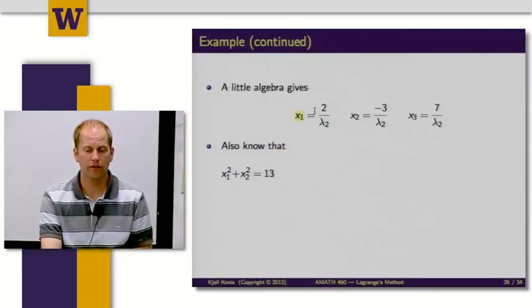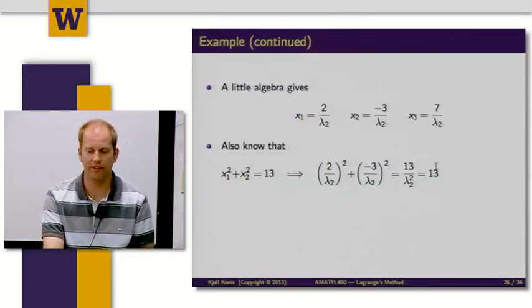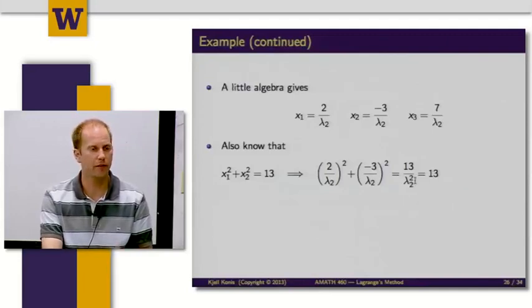So I can plug 2 over lambda 2 in for x1 here, and minus 3 over lambda 2 in for x2 here. And what I end up getting is 13 divided by lambda 2 squared is equal to 13. And so that tells me that lambda 2 squared has to be equal to 1, and that lambda 2 is then going to be plus or minus 1.